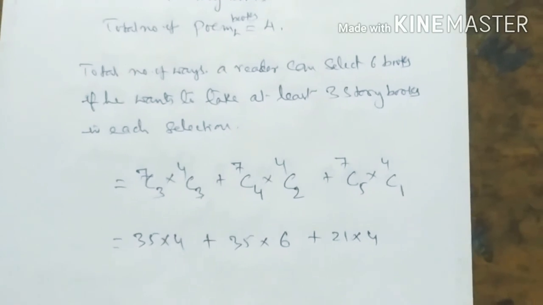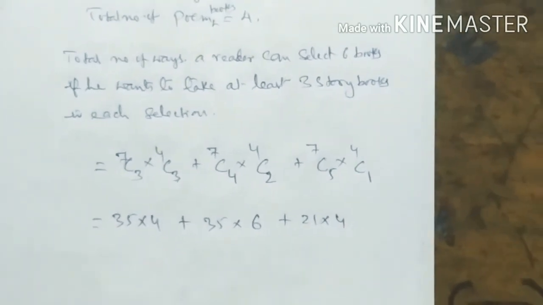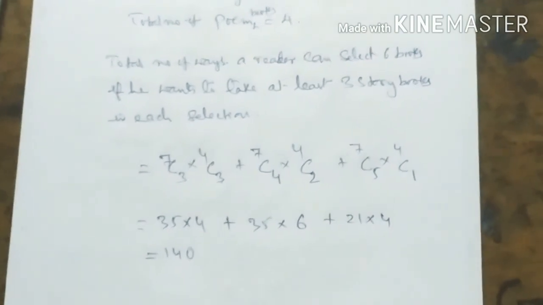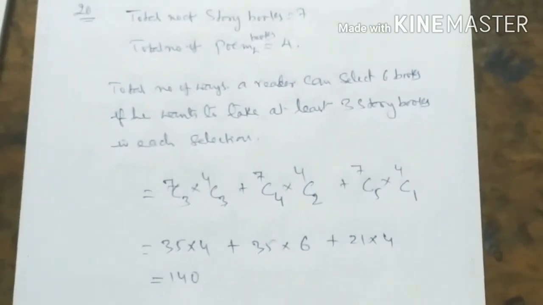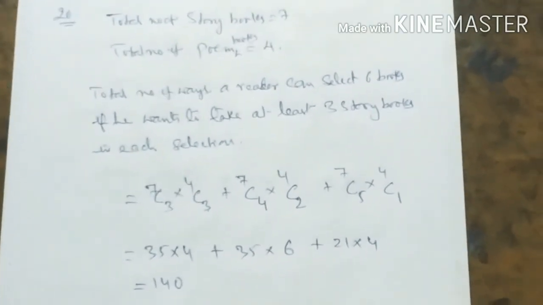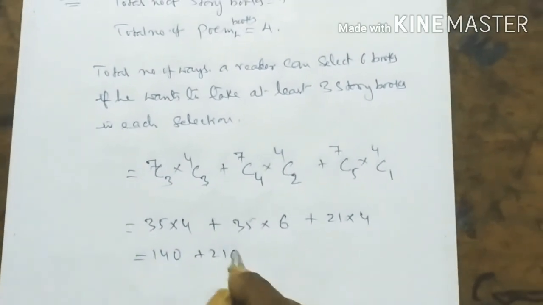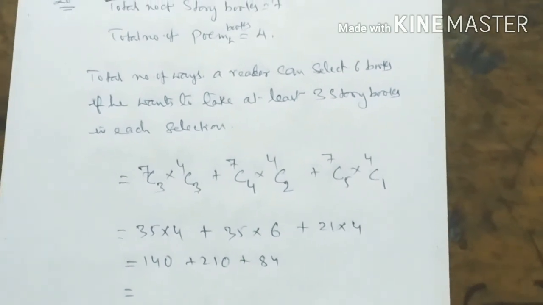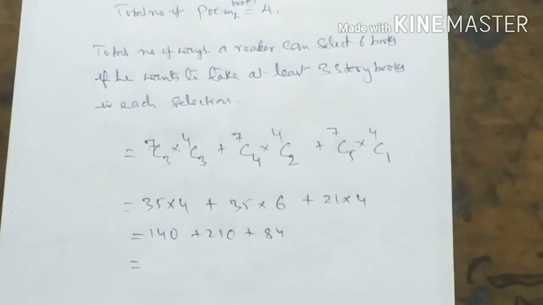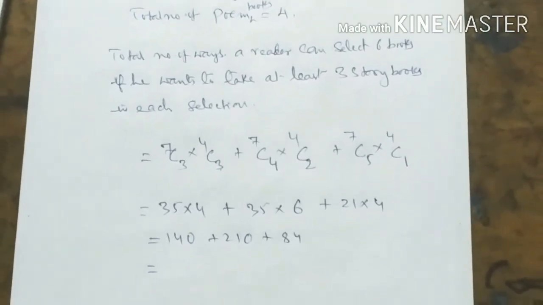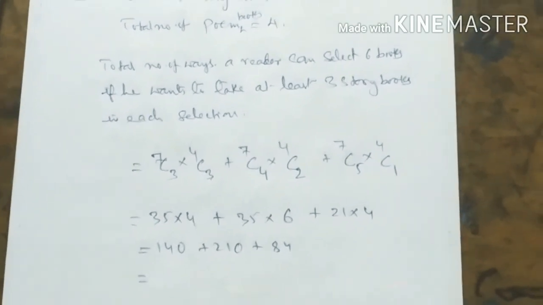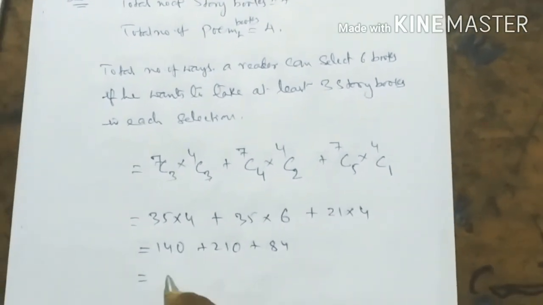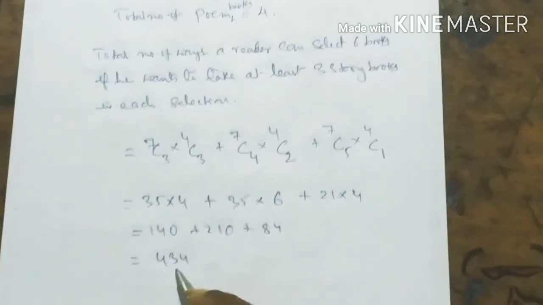So 35 into 4 is 140, 35 into 6 is 210, and 21 into 4 is 84. So your result will be 140 plus 210 plus 84. It comes out to be 434.